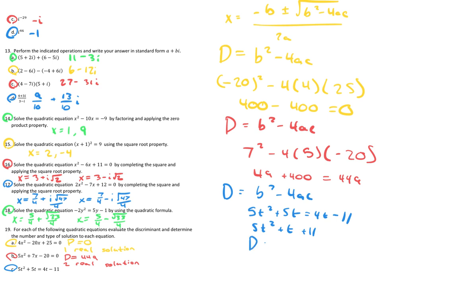So our discriminant is going to equal 1 squared minus 4 times 5 times 11. So this is just going to be equal to 1 minus 20 times 11, so negative 219.